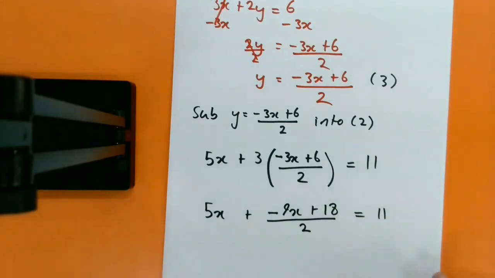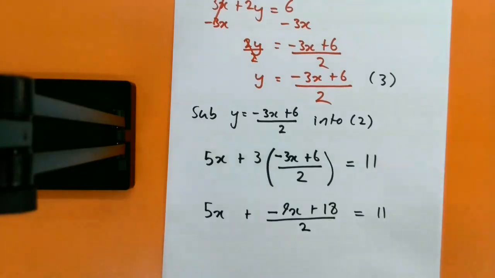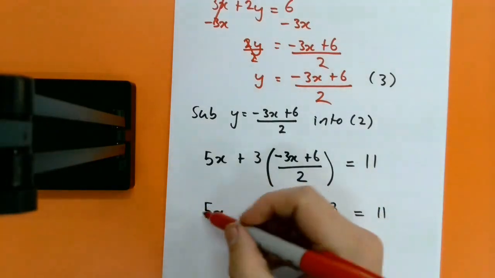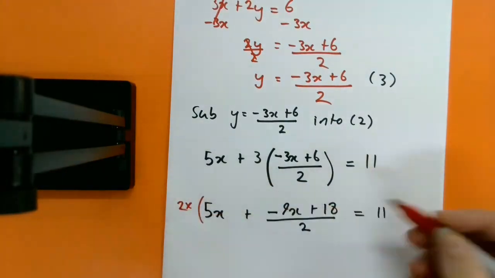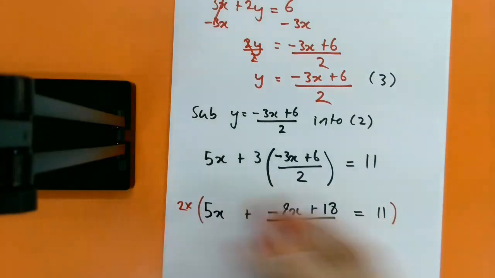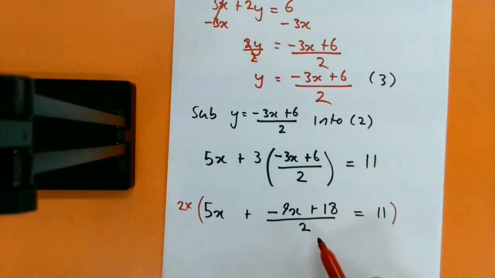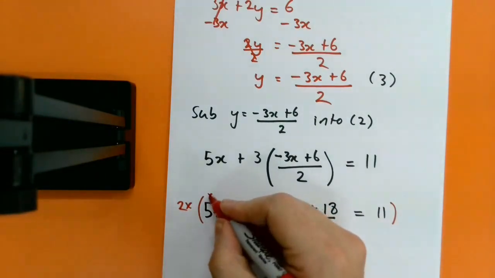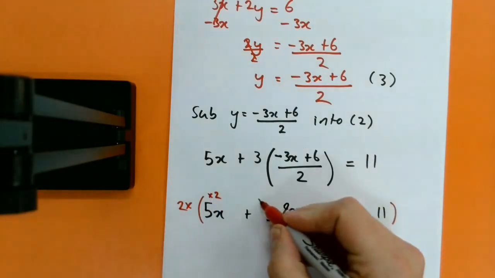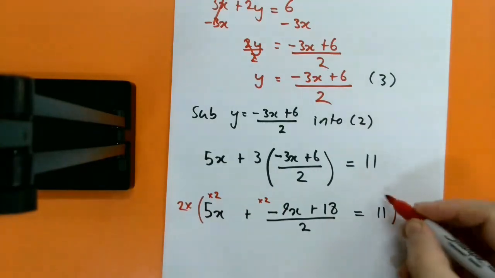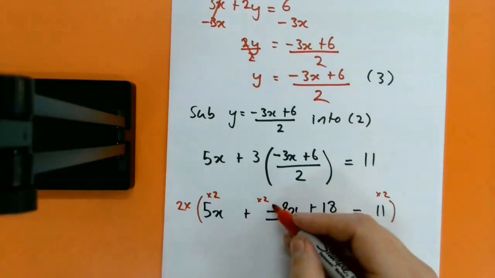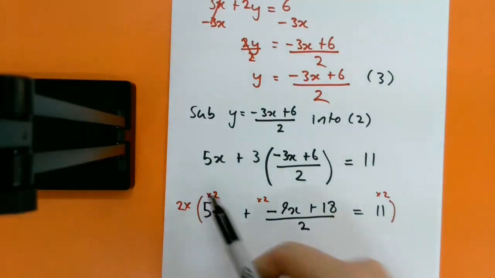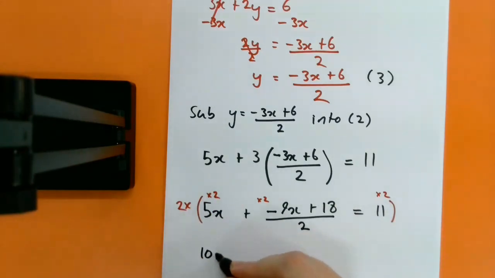Now we're working with a fraction here, and I don't particularly want to do that. So what we're going to do is multiply the whole thing, everything, by 2, like we would in the elimination method, to clear that denominator. So this would be multiplied by 2, this would be multiplied by 2, and this would be multiplied by 2. Multiplying 5x by 2, we end up with 10x.